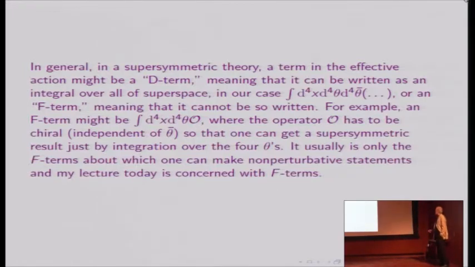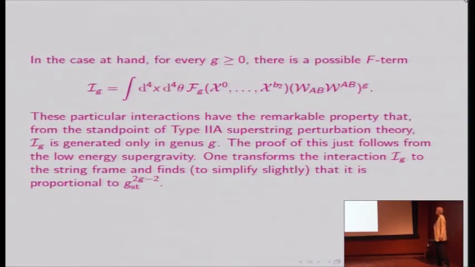Now, as Nati explained in the first lecture, it's usually only about the F terms that you can make non-perturbative statements, and my lecture today is concerned with F terms. In the case at hand, for every genus from 0 to infinity, there's a possible F term. I'm going to hide a few details to simplify things. We have a bunch of spinless chiral superfields, so we can take any function at all of them.